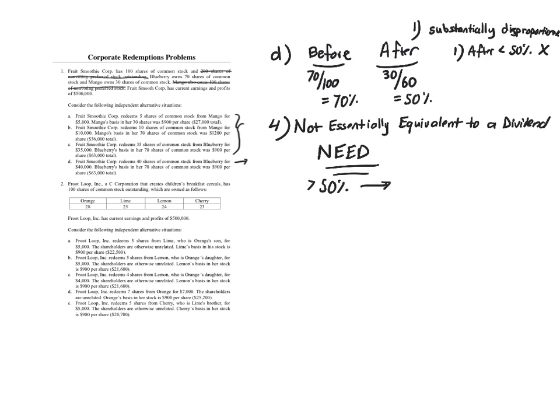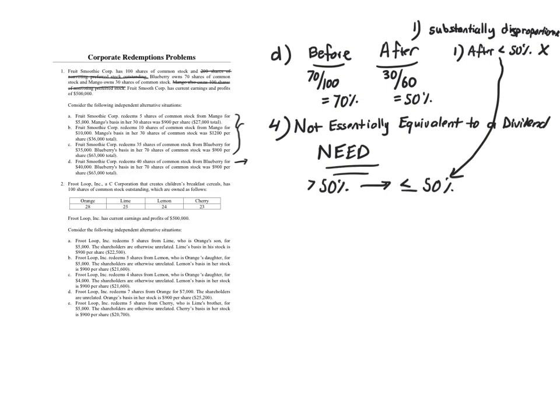So that's before. And afterwards, you're less than or equal to 50%. Now notice, in substantially disproportionate, it must be less than 50%. But for not essentially equivalent to a dividend, it can be equal to 50%. The idea is that you're losing control. Before, if somebody owns 70% and now they own 50% and there's only two owners, right? Because now, think about it.